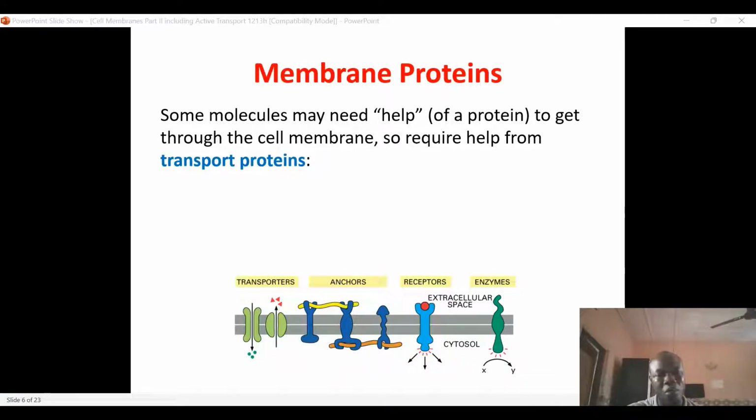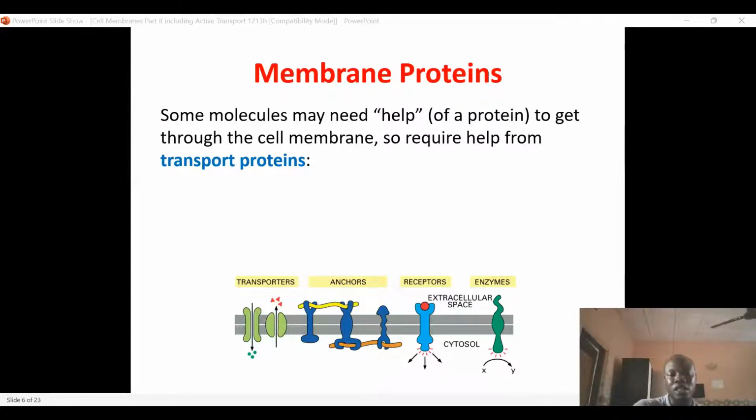They need help. And what helps those molecules to get into the cell? They require the help of what you call transport proteins. The transport proteins are the proteins that help to transport some of these molecules into the cell.